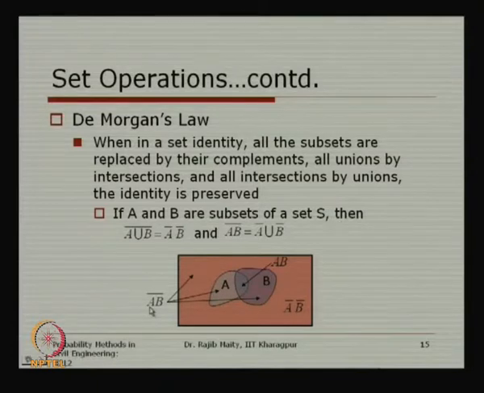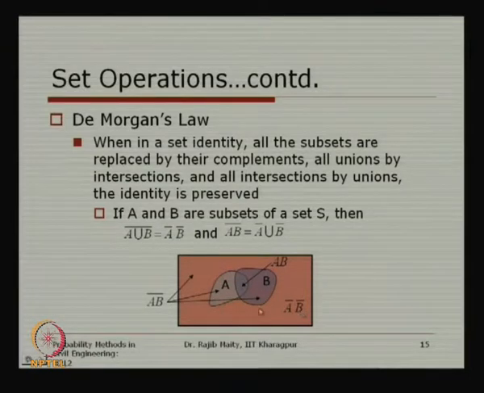So the complement of A intersection B consists of this pink area, as well as this A area apart from the intersection, and this B area not belonging to the intersection. These three areas make up the complement of A intersection B, and only this outside area, which is not in A, not in B, and not in A and B, is A complement intersection B complement.